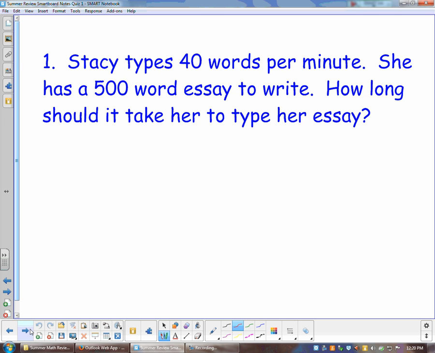Well, let's think about this. We're trying to find out the time she takes, but we know how many words per minute she can type. So I think if we come up with some kind of formula, like words per minute times number of minutes, notice that the minutes will divide out and we'll be left with number of words.